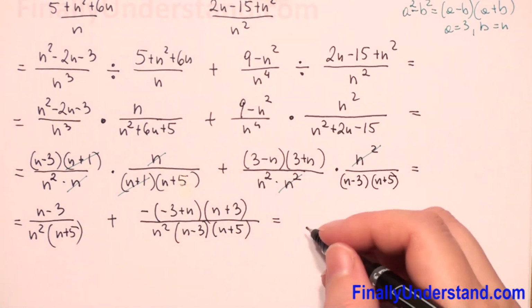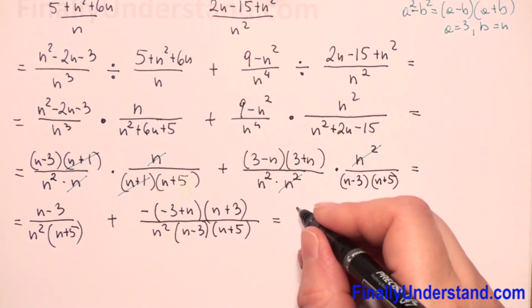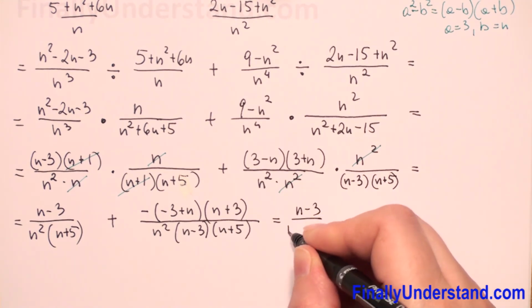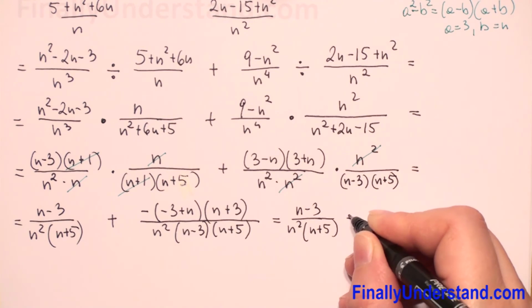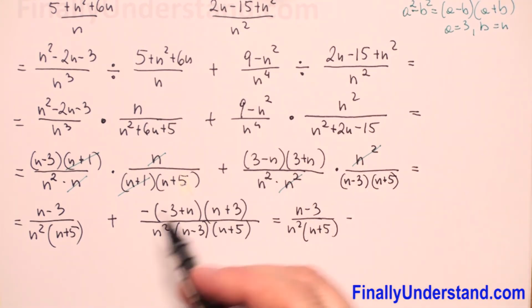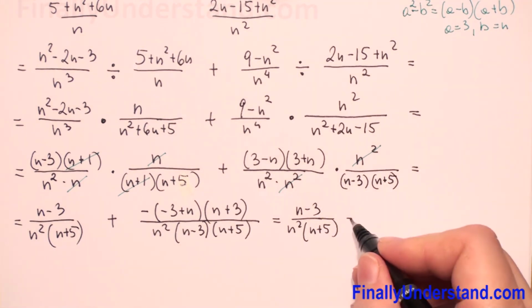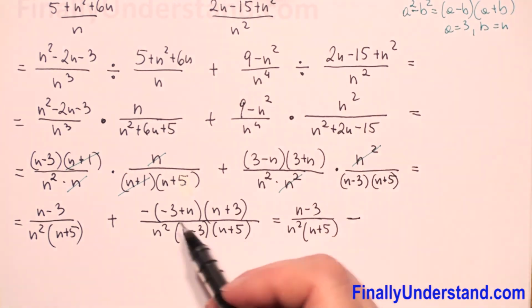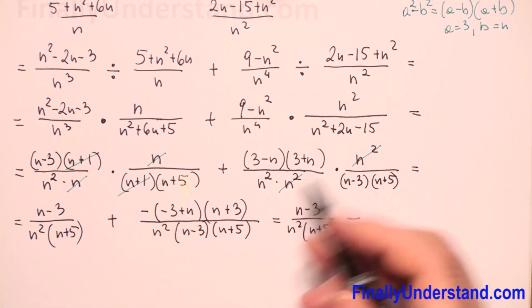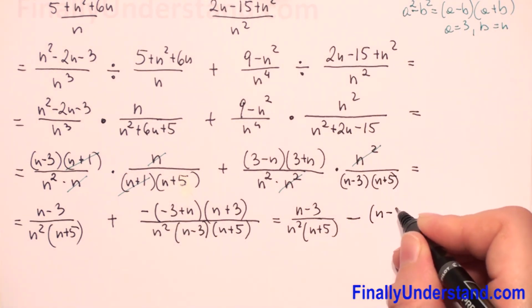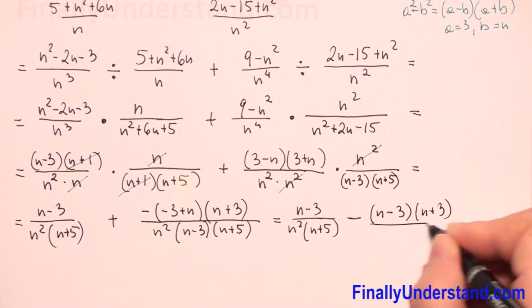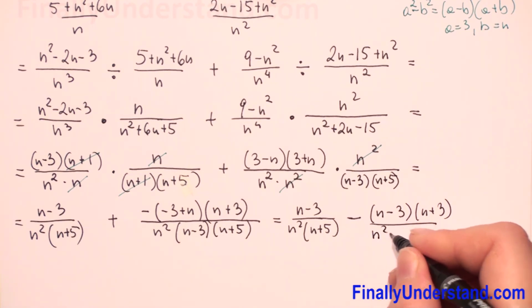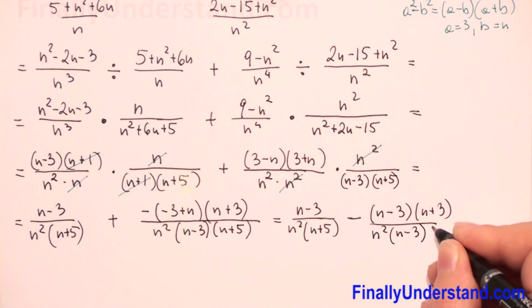We have to copy first algebraic fraction, so we have n minus 3 over n squared times n plus 5, and we have plus and minus, so I can put negative sign, and in parentheses first I put variable, so it will be n, and next negative 3 times n plus 3 over, we have n squared times n minus 3 times n plus 5.